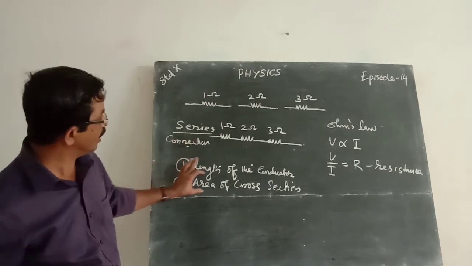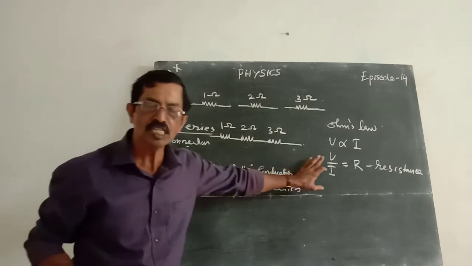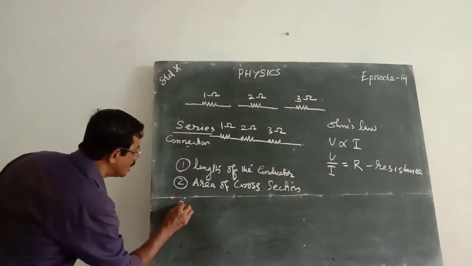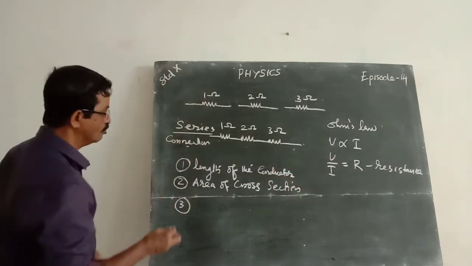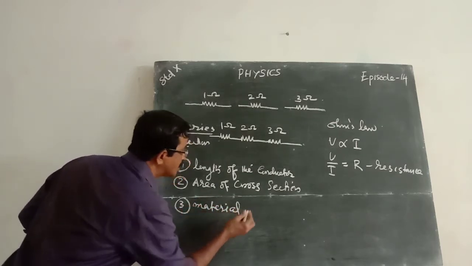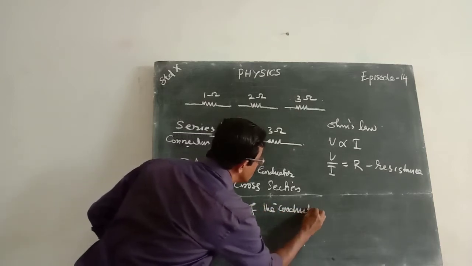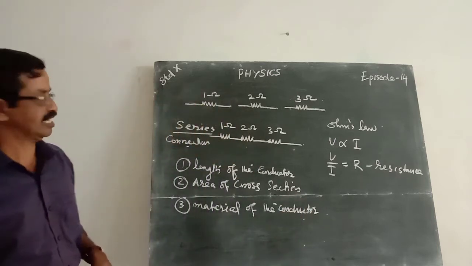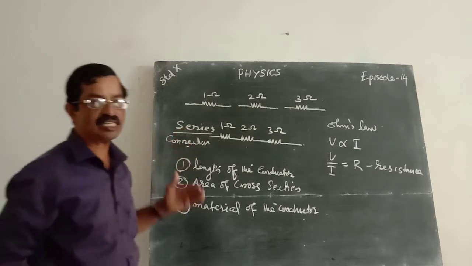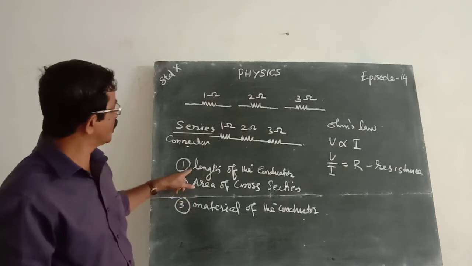Second, area of cross section or cross sectional area, otherwise the thickness of the conductor or resistor. And the third one is the material of the conductor. So these are the three factors that affect the resistance of a resistor, otherwise a conductor.